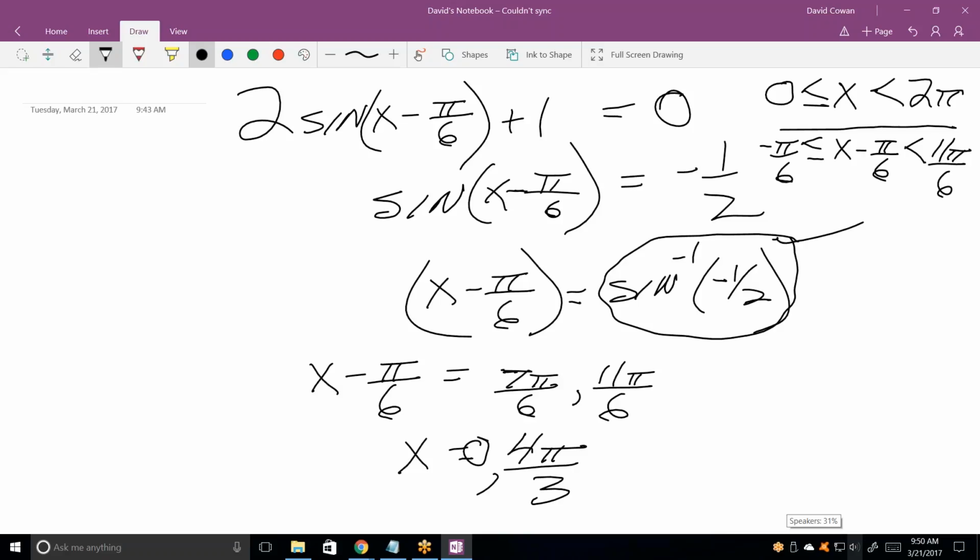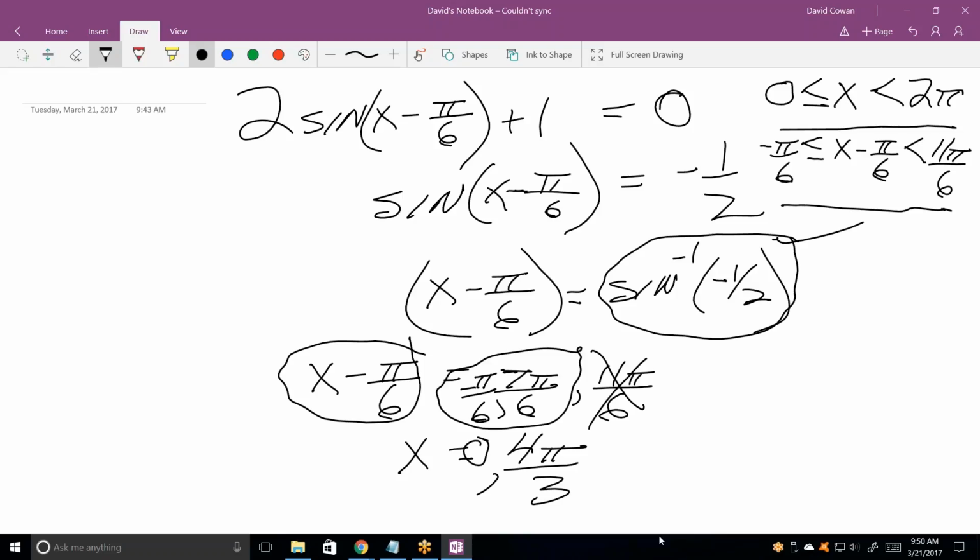So now when we're solving for that, we really need to do it in that domain. And 11 pi over 6 is not in that domain, but minus pi over 6 is. So those were really my two solutions to this problem.